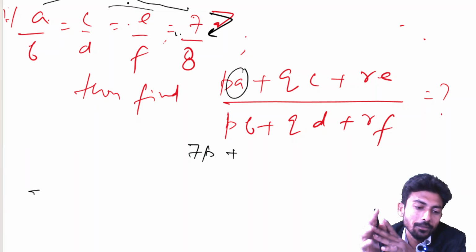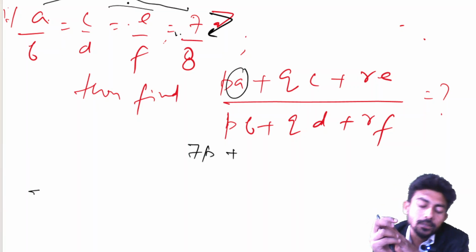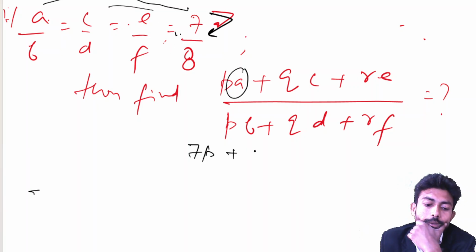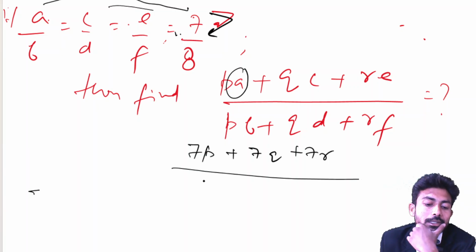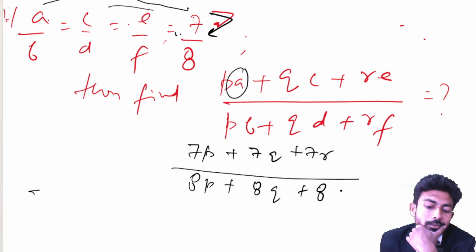For B, D and F, that is equivalent to 8 units. So for C, I'll be writing 7Q. For E, I'll be writing 7 again, so 7R. In the denominator, for B it is 8 now, 8P, and here it is 8Q and 8R.